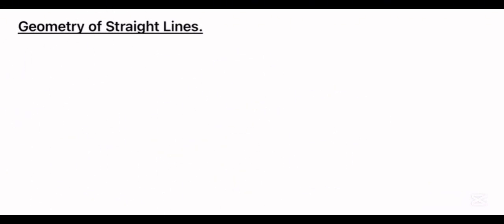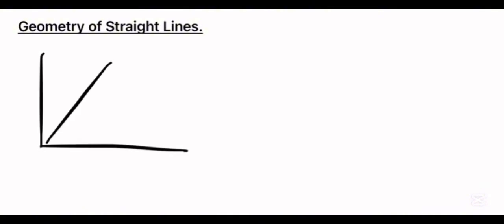Let's try something else. Say we are given this angle to be 40 degrees, and we're asked to find angle Y. You could pause this video and try it on your own. Okay.